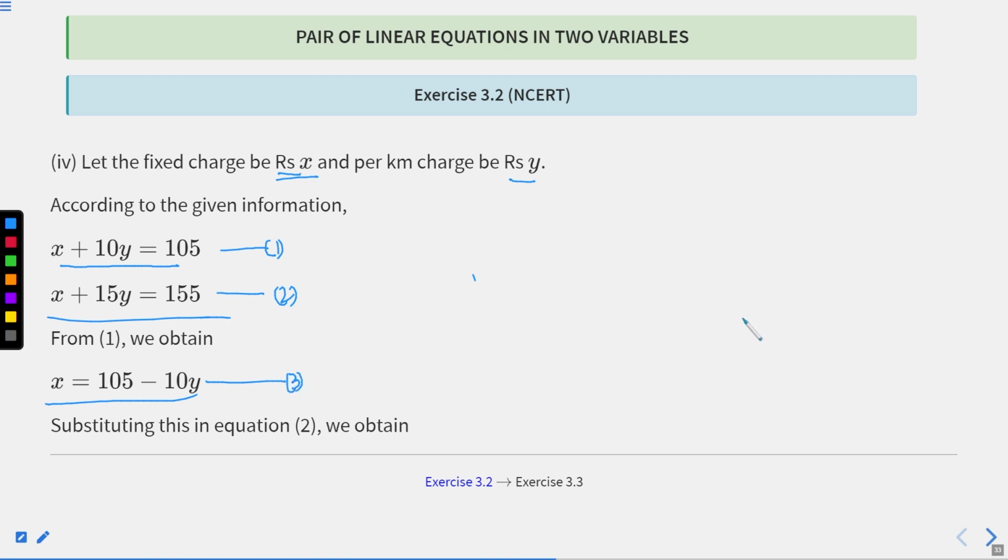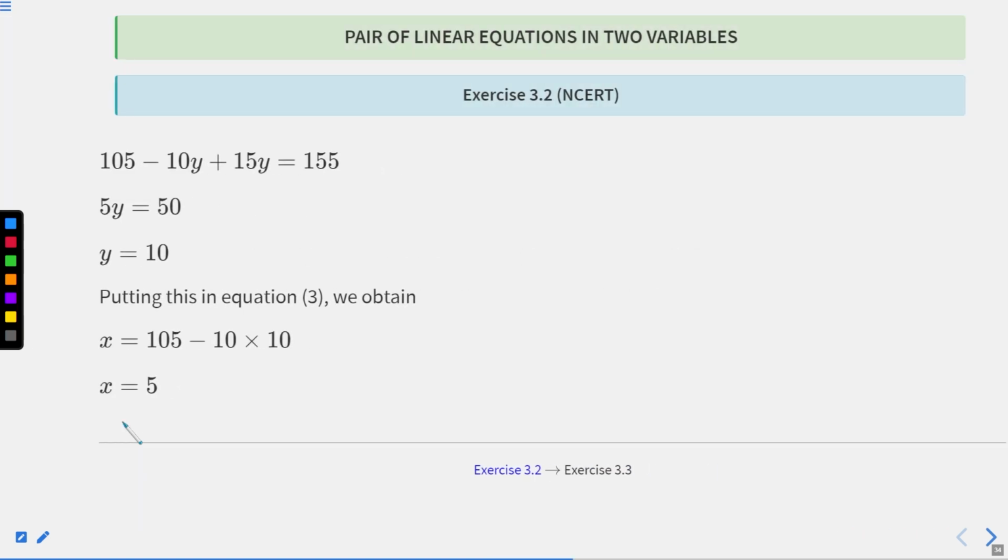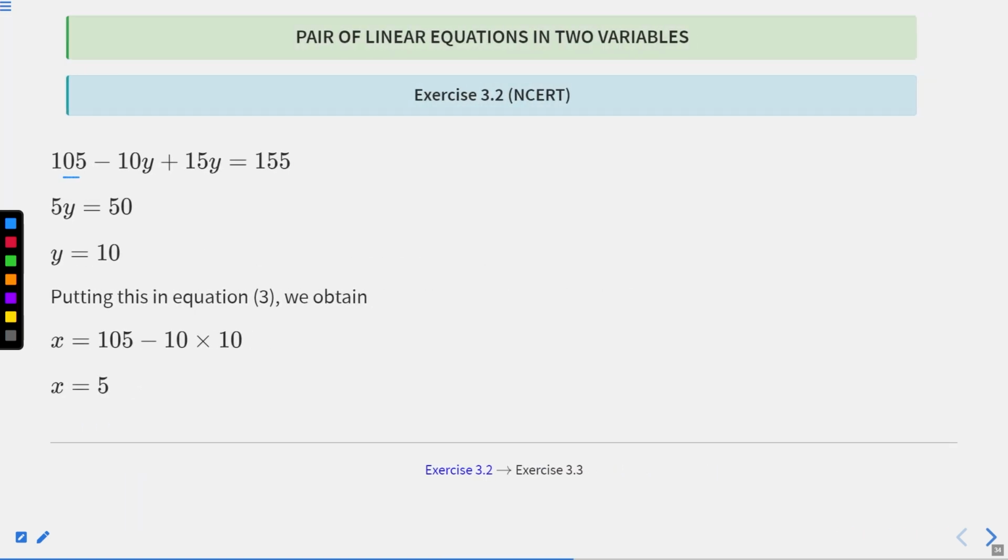Now substituting this value of x equals 105 minus 10y in equation number 2, we obtain 105 minus 10y plus 15y equals 155, and it implies 5y equals 50, and it implies y is equal to 10.